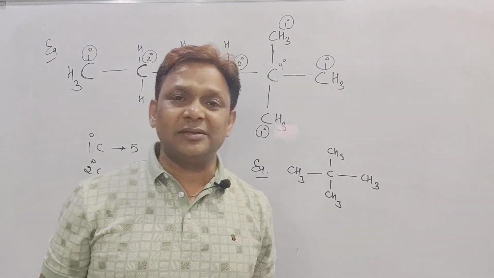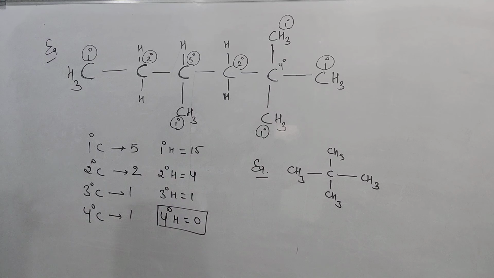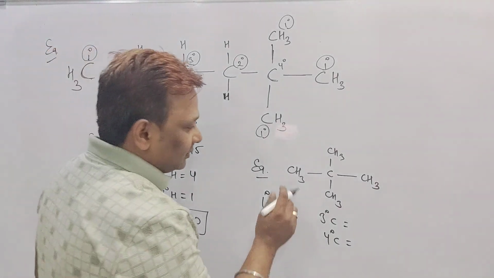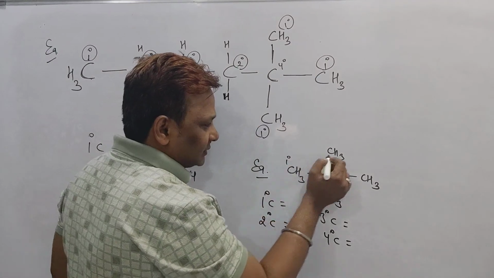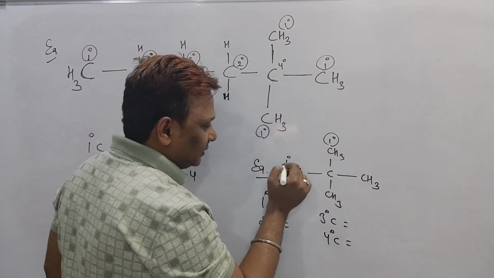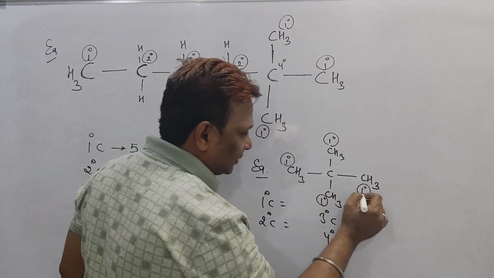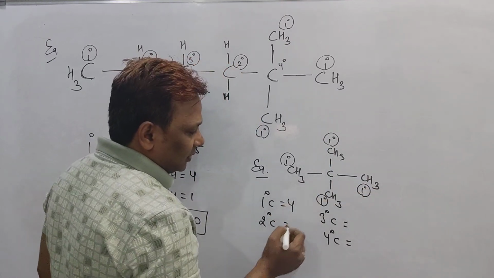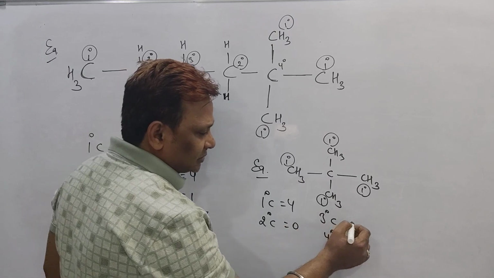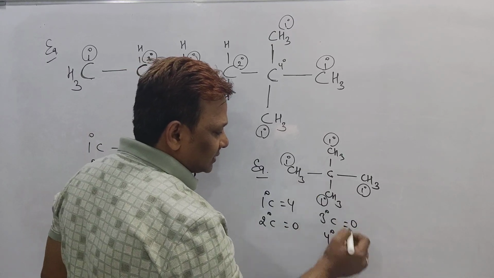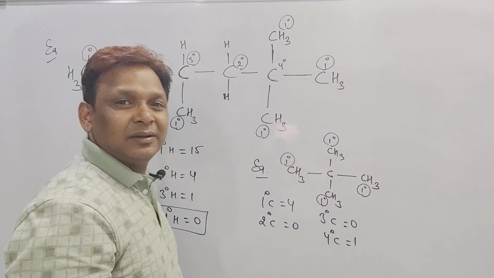Pause the video and get the answer. See beta, this is a primary carbon, this is a primary carbon, right? This one is a primary carbon, this one is a primary carbon. So primary carbon 4, secondary carbon 0, tertiary carbon 0. This is called a quaternary carbon, 1, right?